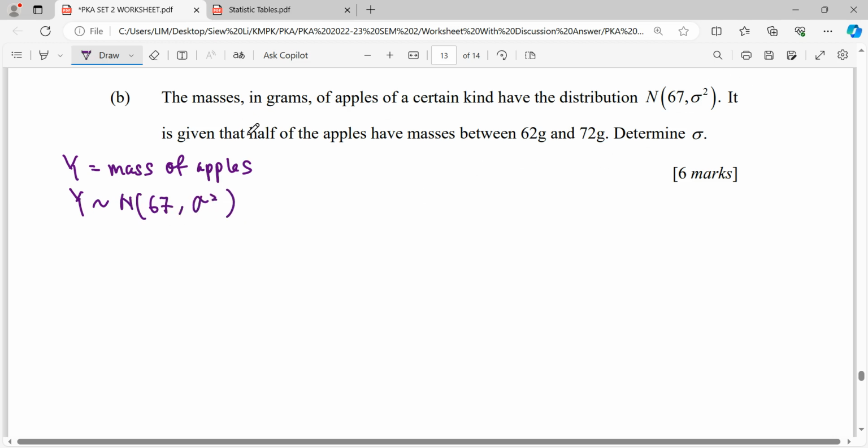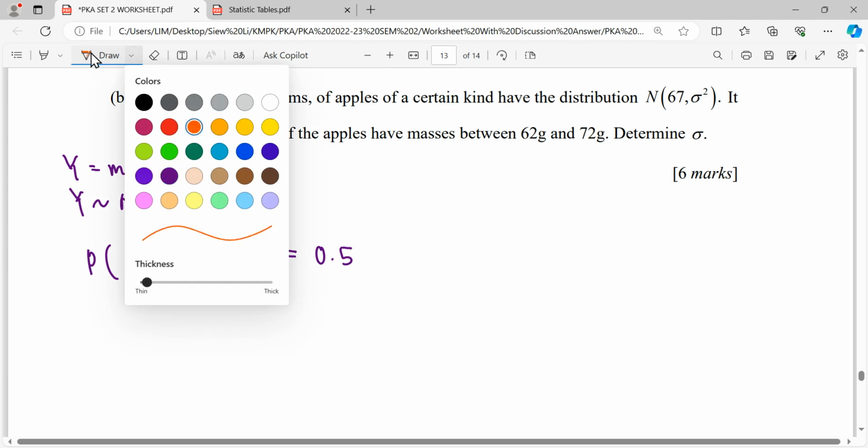It is given that half of the apples have a mass between 62 and 72, which means the probability will be 0.5. So half. Maximum probability is 1. When you take half, 1 divided by 2, the probability will be 0.5.